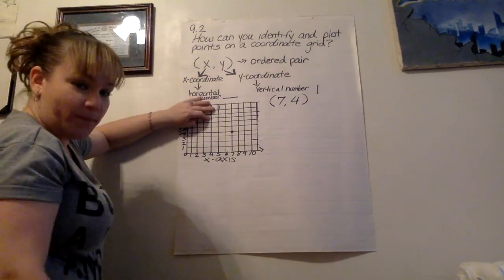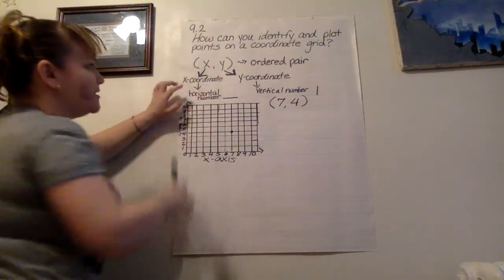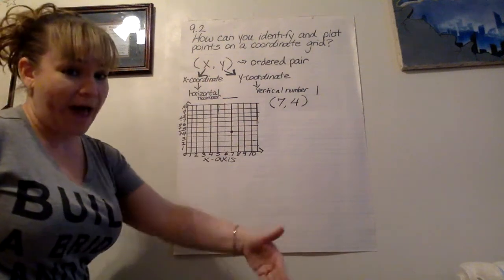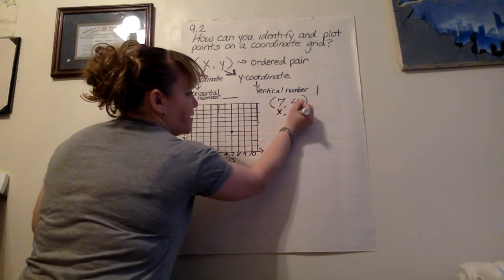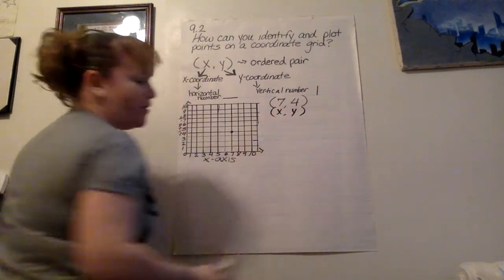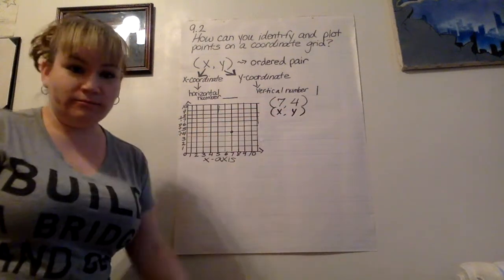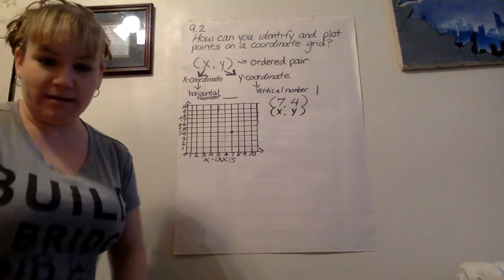Go in order. Even though it's not in numerical order, think alphabetical order. X comes before Y. So this will be X, and this is Y. It doesn't matter. This could have been 10, 1. So go to 10 and go to 1. Oh yeah, there it is.